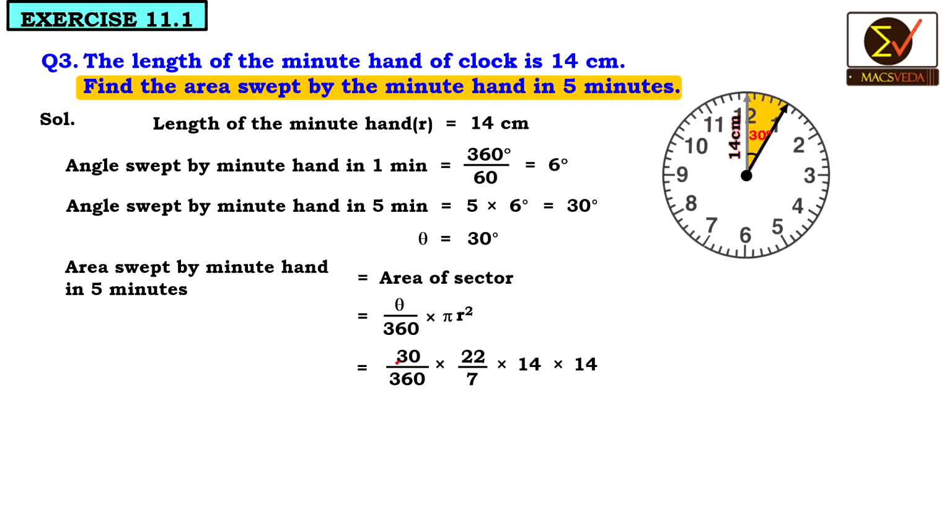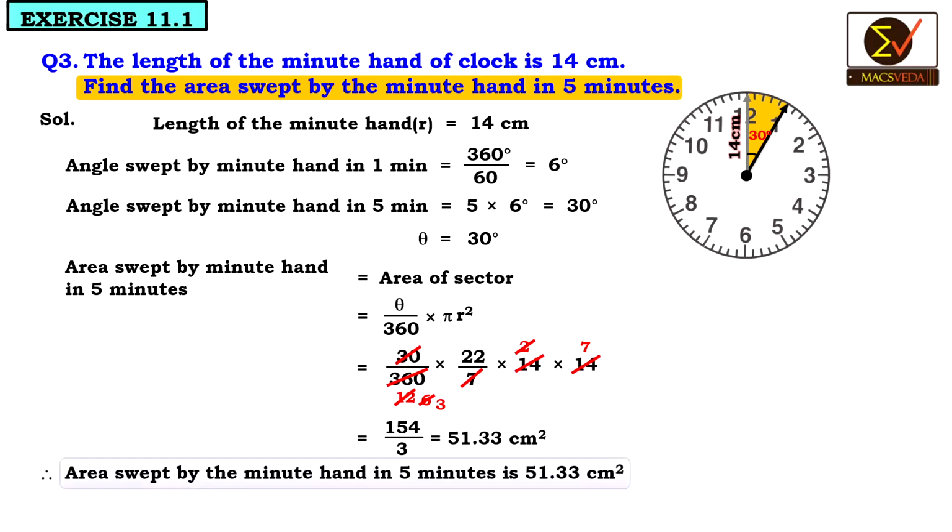Now let us simplify this. 30 is 12 times... 7 2 times, then 2 6 times, 2 3s and 2 7s. So it is nothing but 22 into 7 upon 3, which is 154 by 3. So the final result is 51.33 centimeter square. Therefore, the area swept by the minute hand in 5 minutes is 51.33 centimeter square.